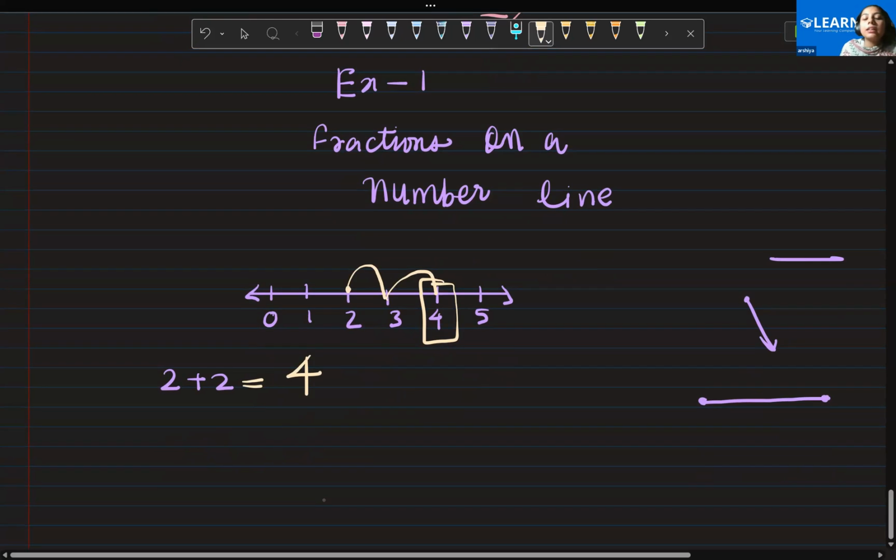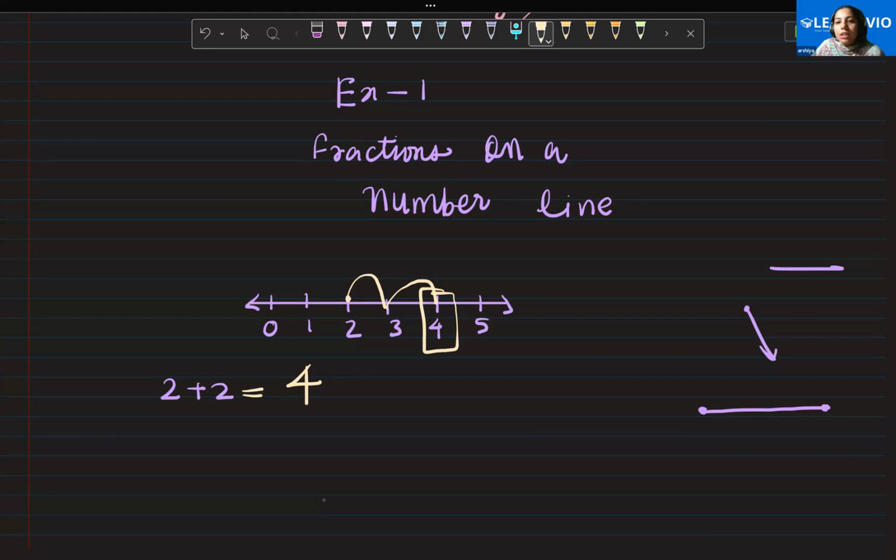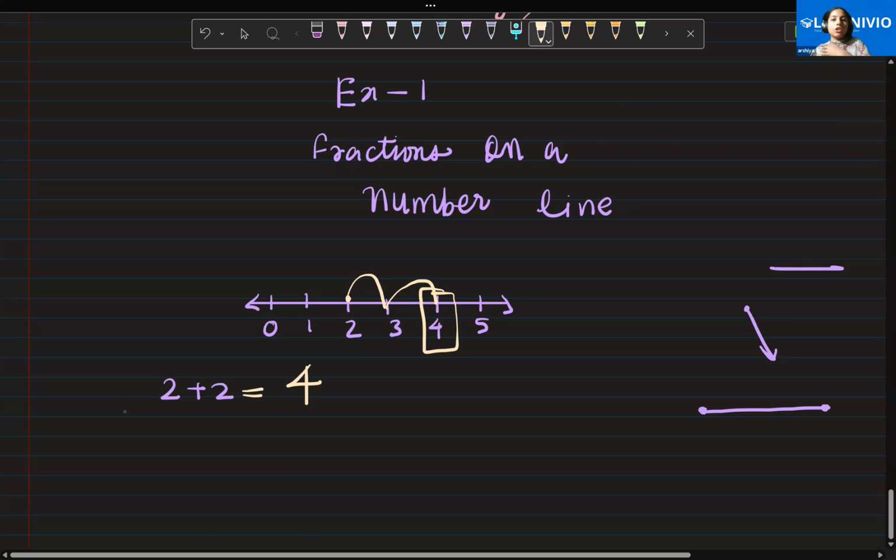Yes, you must have done it. You start your addition and subtraction on a number line so that it's easier for kids to understand. You might have done it in very early classes when you started learning addition and subtraction. But this is basically a number line, a line which has numbers on it.